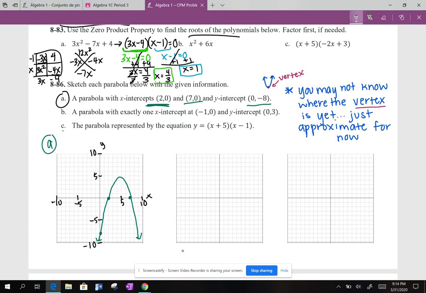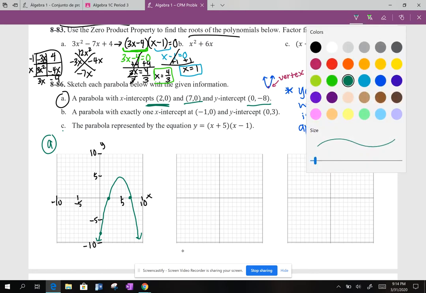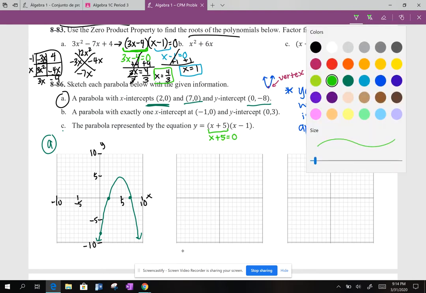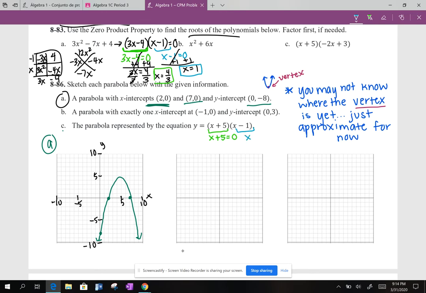Another little trick is the whole reason that we've been using the zero product property is because if we set each of these factors equal to 0, and we solve for x. Let me solve really quick. x equals -5 and x equals 1.